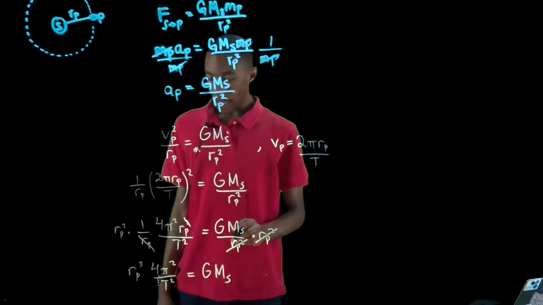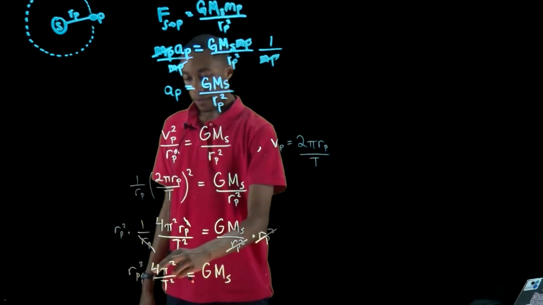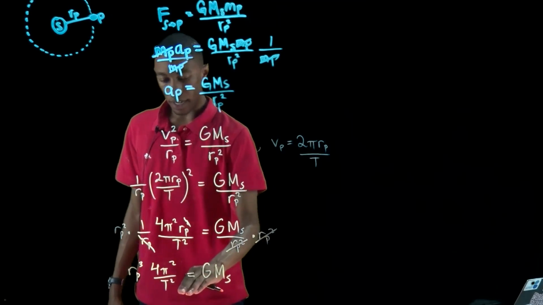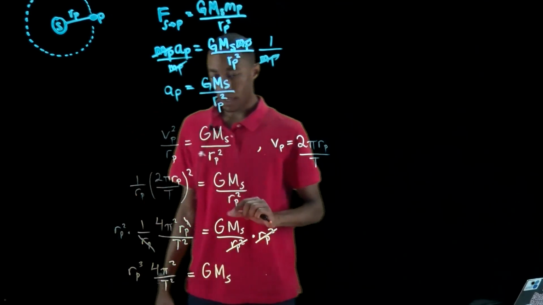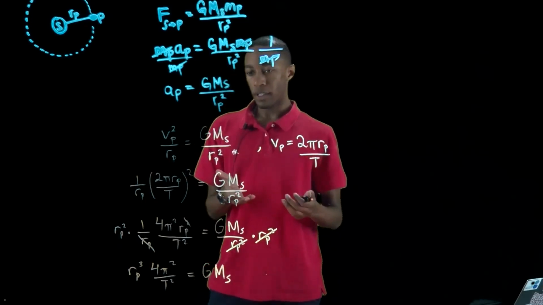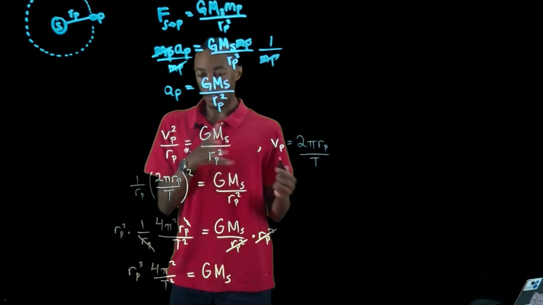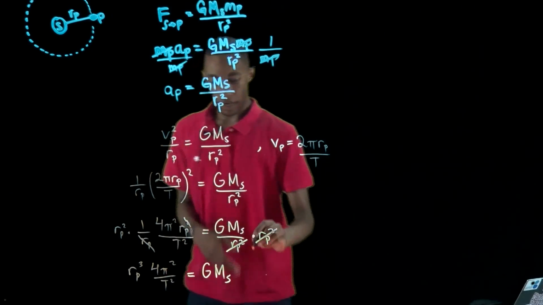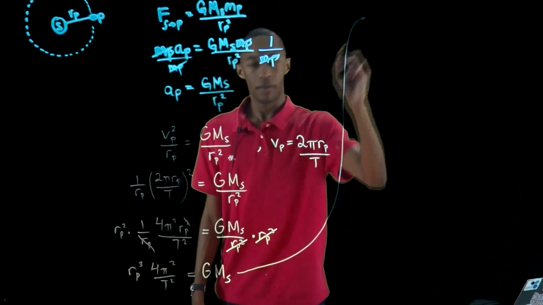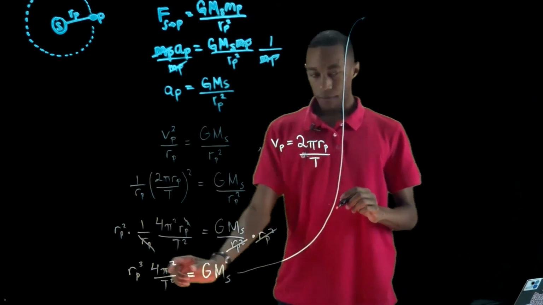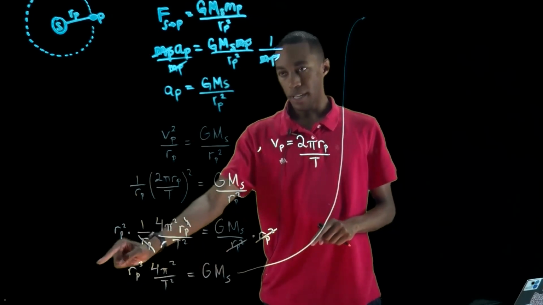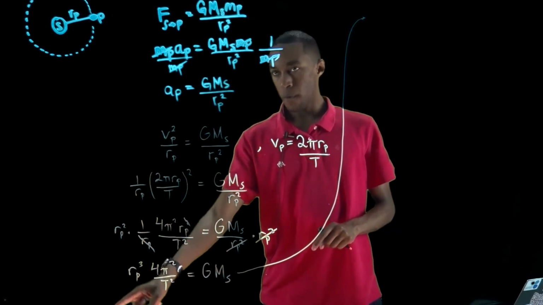And in the next step, I can solve for Rp cubed by dividing out by this quantity here, the 4 pi squared over T squared. You might remember that when you're dealing with fractions, division is the same thing as multiplying by its inverse. So I'm going to move over here for a little bit more space. Going from here to the next line, I'm going to multiply each side by T squared over 4 pi squared.